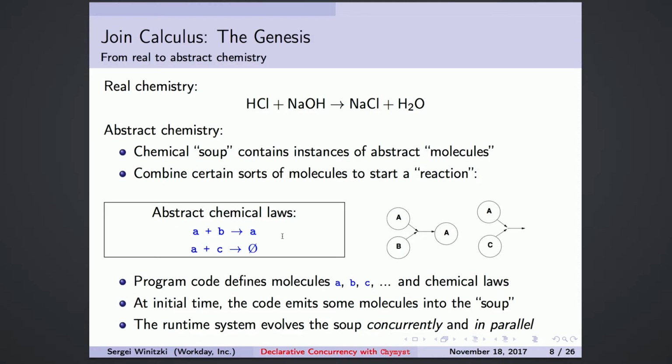Now, notice that in chemistry, each pair of molecules reacts in parallel, concurrently with all other molecules. They don't wait for each other. And that is possible because they operate on different data items. So that's the model of concurrency we want to imitate.